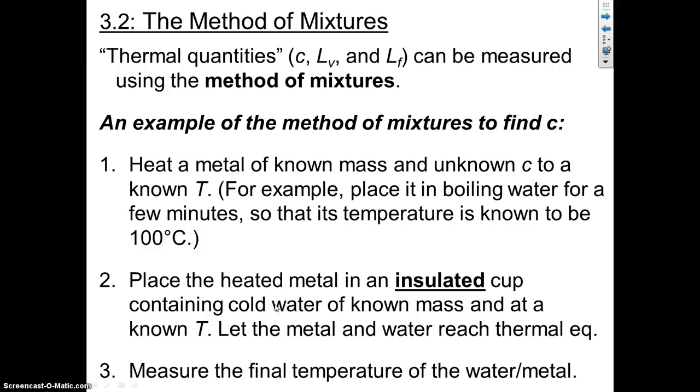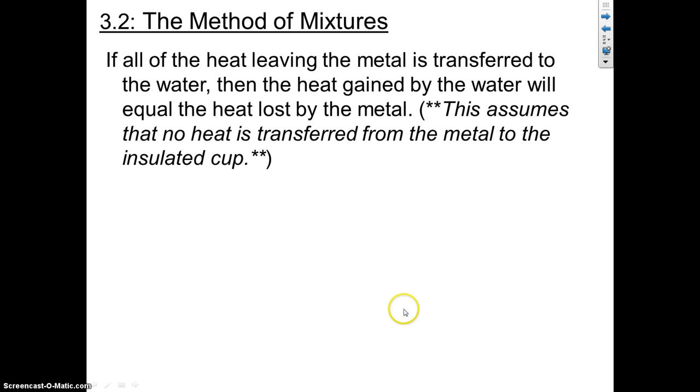Then you measure the final temperature of the water and the metal. You do this by putting a thermometer into the water, and then once you get the reading, you know that's also the final temperature of the metal, since they are in thermal equilibrium. So there's heat transfer going on here.